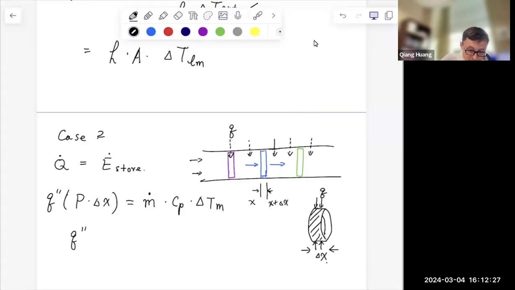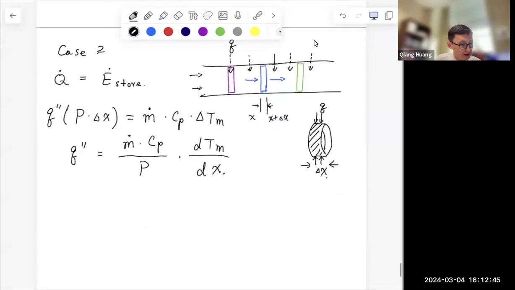So the Q flux will equal, I just rearrange this equation, mass flow rate times specific heat divided by the perimeter times dTm/dx, the derivative of the mean temperature with respect to x. That equals q times P over m-dot cp.